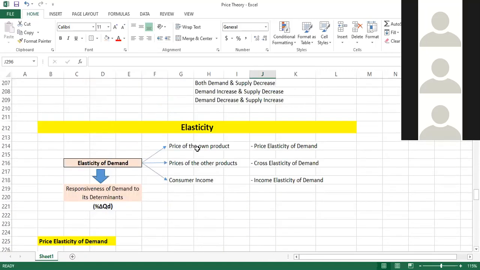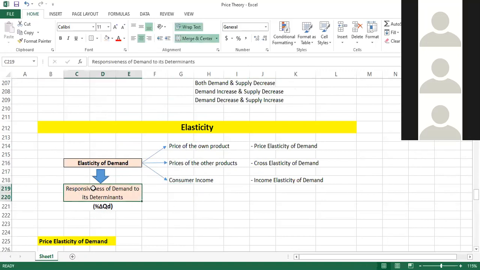Elasticity of demand we analyze under three main factors. Actually, as I mentioned earlier, generally elasticity of demand is analyzed under three main factors, but it is not limited to these factors.